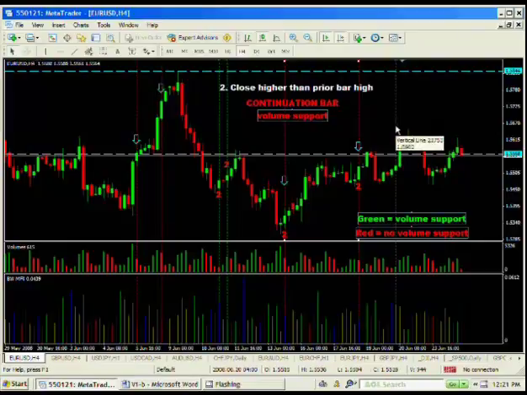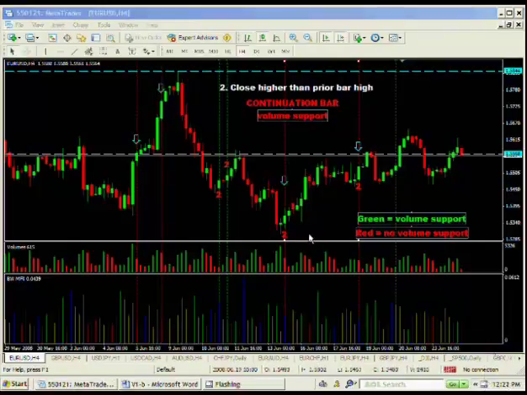The red vertical line shows a continuation bar that did not have volume support, and the green vertical lines show continuation bars which did have volume support. We're going to look at the ones that did and the ones that did not, and we can get a better idea of how exactly we determine volume support.